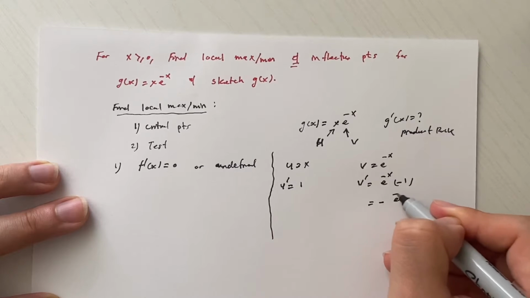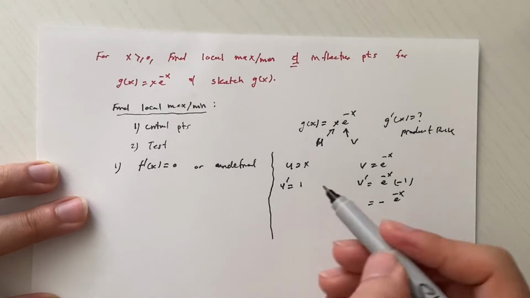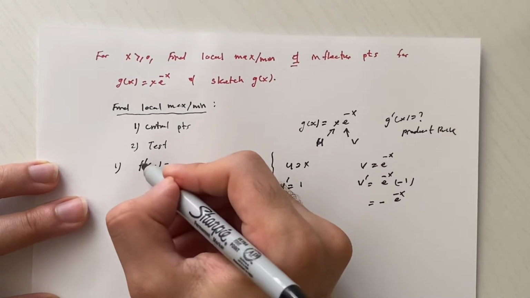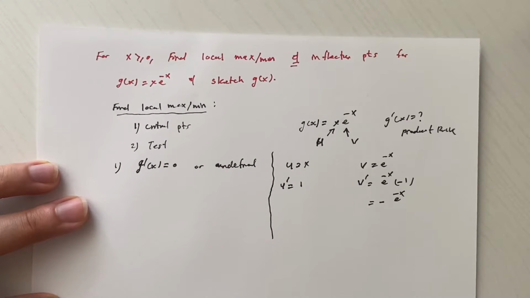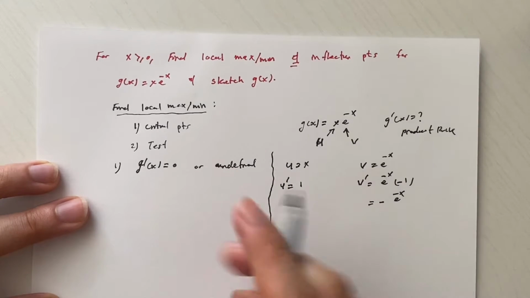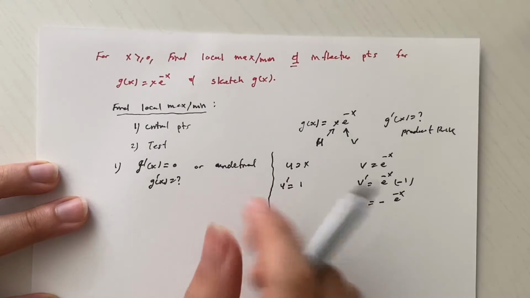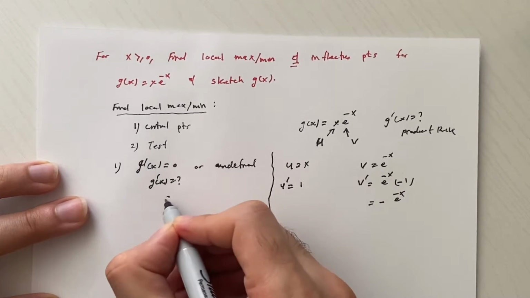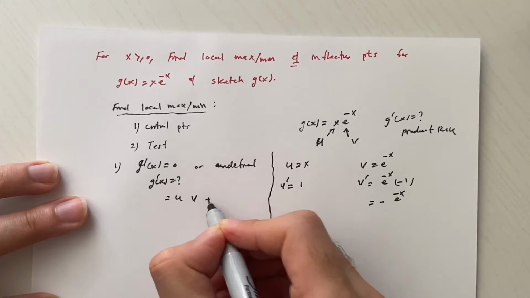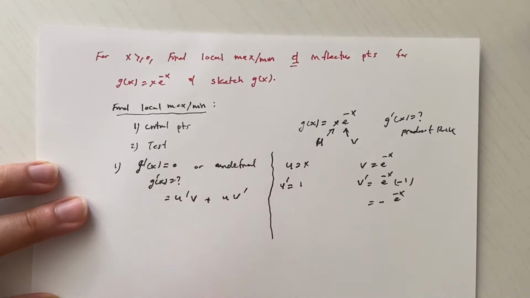The derivative of v is just using the chain rule. Now I'm ready to apply the product rule. It's going to be u prime multiplied by v plus u multiplied by v prime.